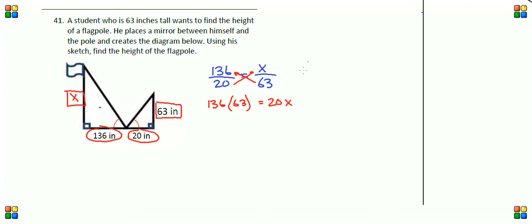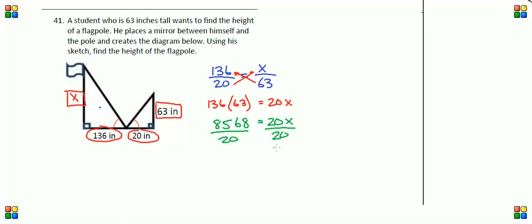Take out your calculator. 136 times 63 is 8,568, which is equal to 20x. Now we have to get x by itself to solve for x, so we divide both sides by 20.